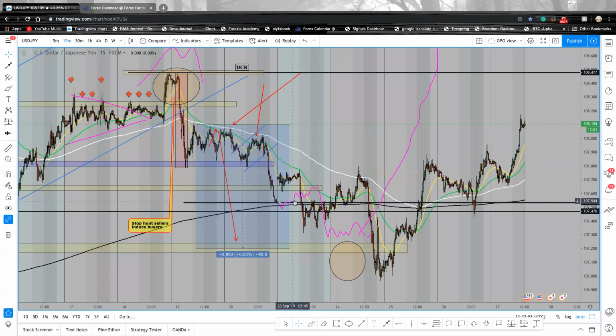So I predicted the price would retest the MA, come all the way back down, and consolidate. I marked this as an area that can potentially trap people and then continue to move up.